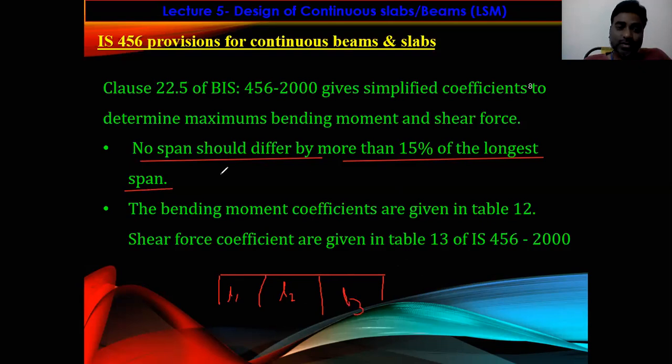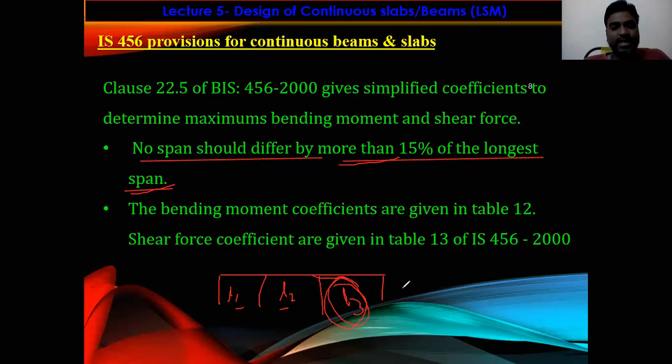I am assuming that L3 is the longest span. The difference between L1 and L2 should not be greater than 15% of L3, right?